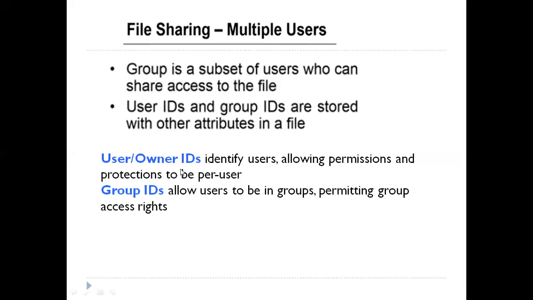The owner ID identifies the user, allowing permission and protection to be per user. Group ID allows users to be in groups, permitting group access rights. So one group given one access means all the people in that group have the same access. Single user access can also be provided.